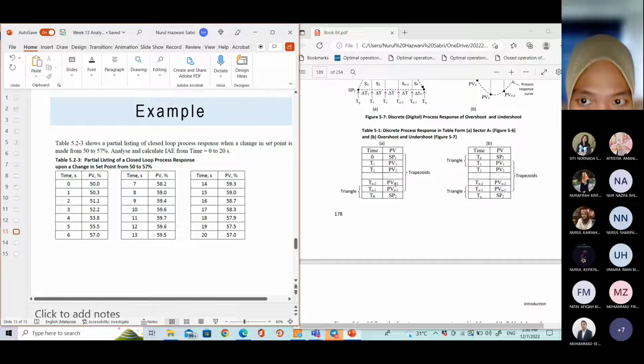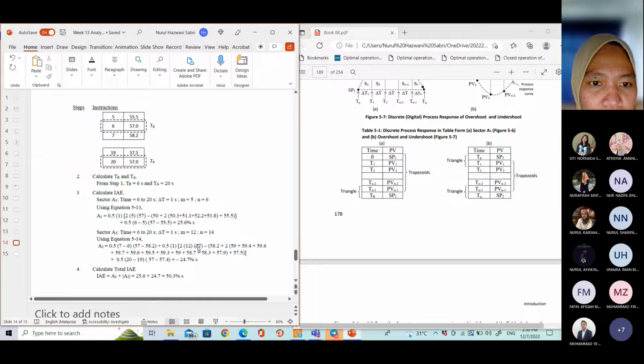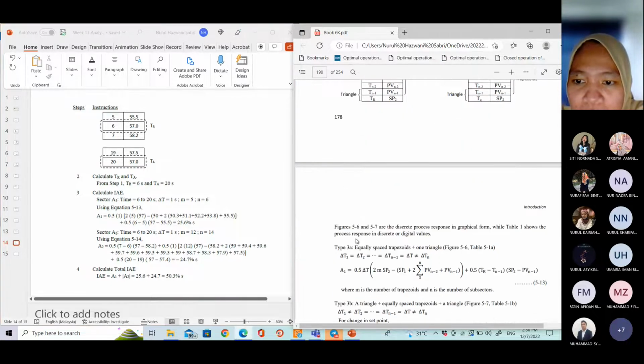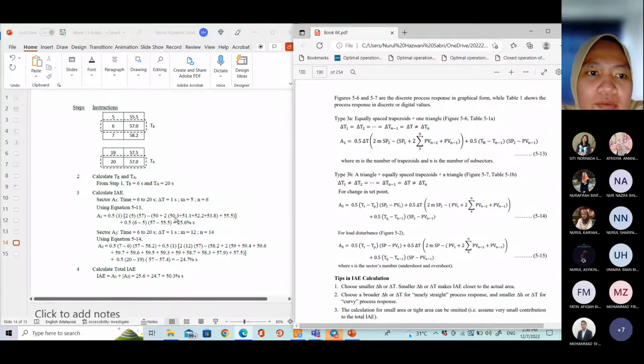Boleh nampak? Okay. So you boleh nampak dalam ni, the answer already insert the value of 50.3 plus 51.1, 52.2, lastly is 53.8 because this one is PVN minus 2.